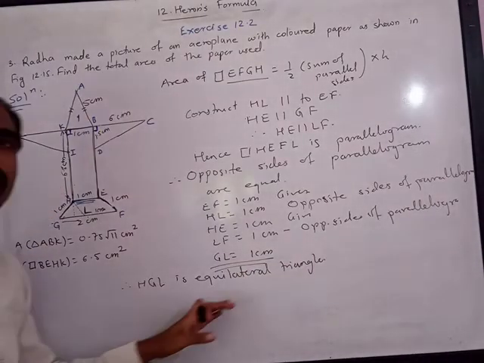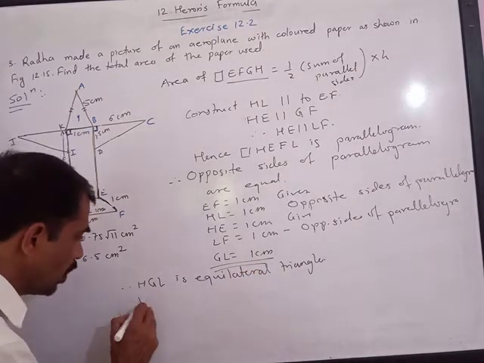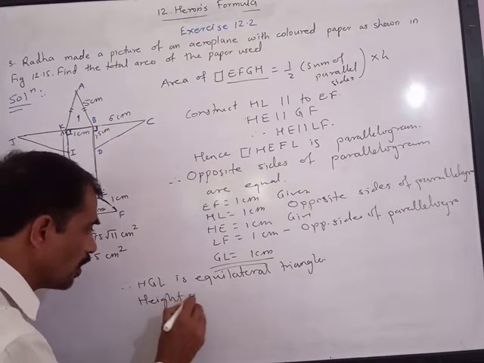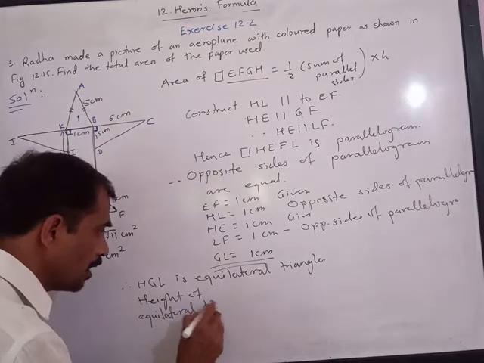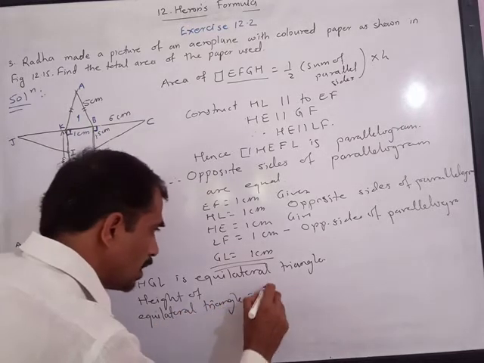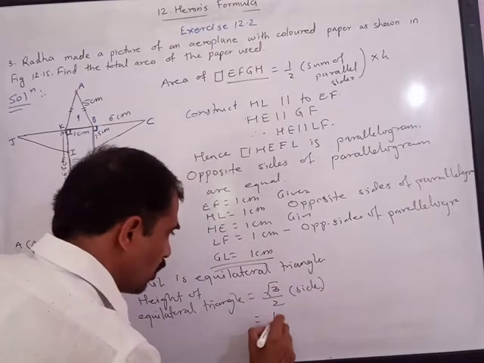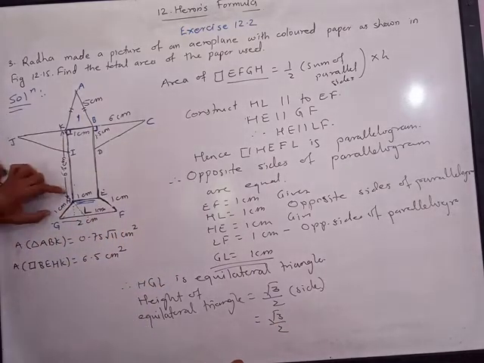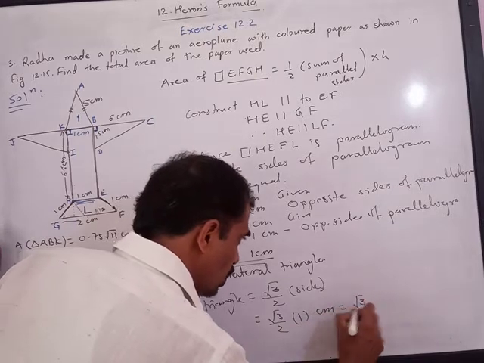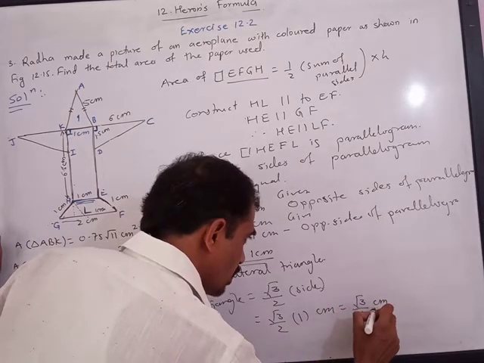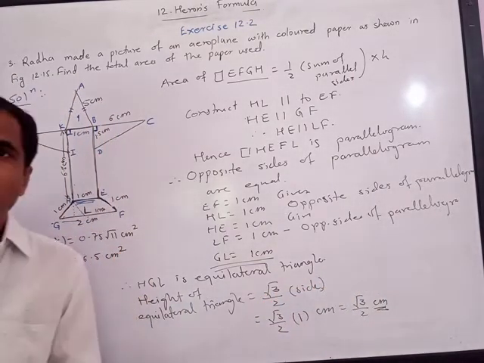And we know that the height of an equilateral triangle is root 3 upon 2 times the side. So the height is root 3 upon 2 times GH, that is 1 centimeter. So height we have got is root 3 upon 2 centimeters.